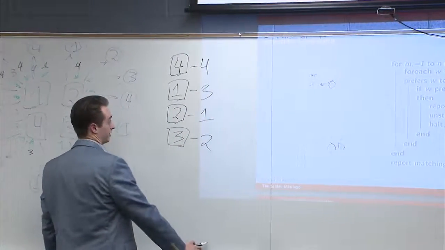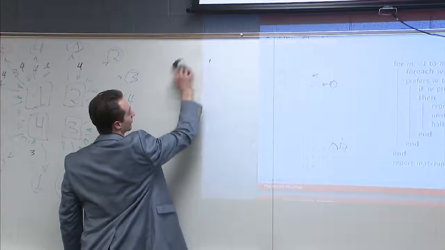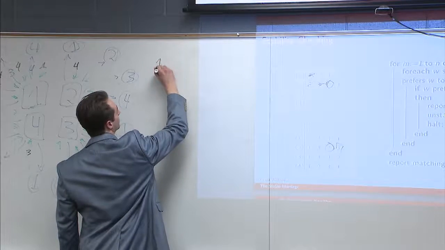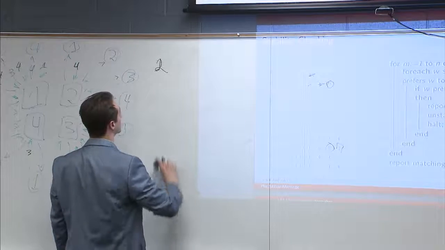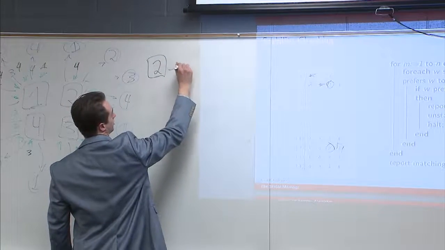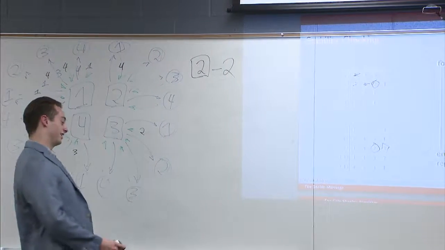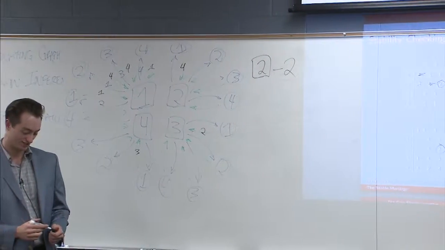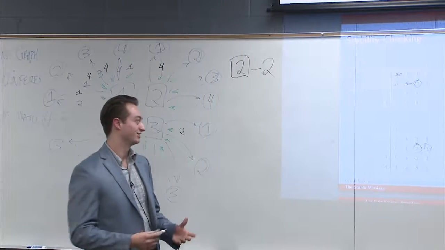So this pair right here from man number 2 to woman number 2 is unstable. And what this means is that we have no stable marriage. So unfortunately, I didn't get published or anything.